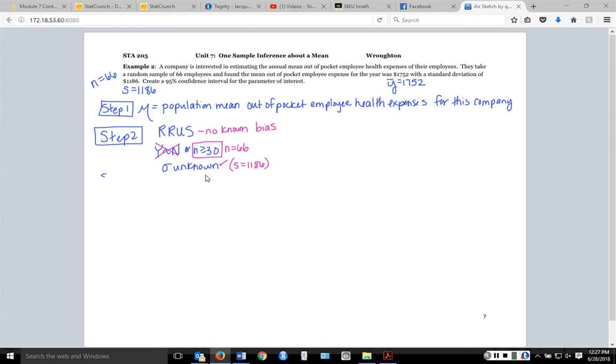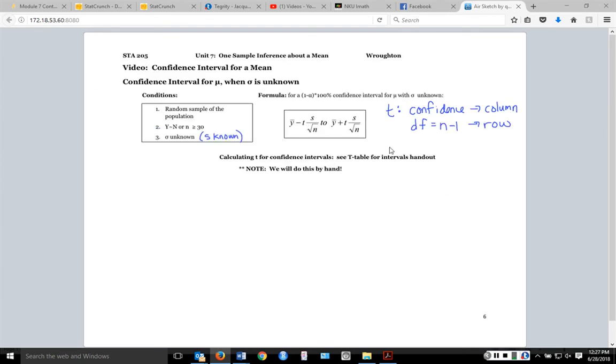Our third step is to actually do our calculation. So looking back at my formula, let's look at what we already know. We have Y bar labeled, we have S labeled, and we have N labeled. So before I can use my formula, the only thing I need to find is T, which is based upon my confidence level, and then my degrees of freedom, which is my sample size minus 1.